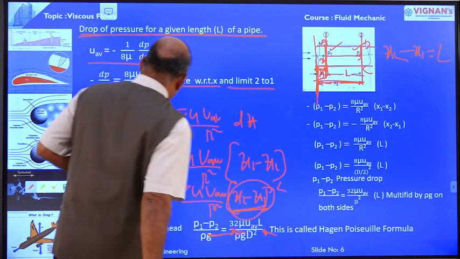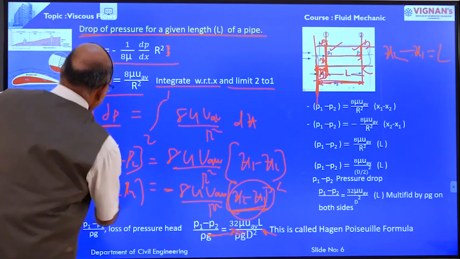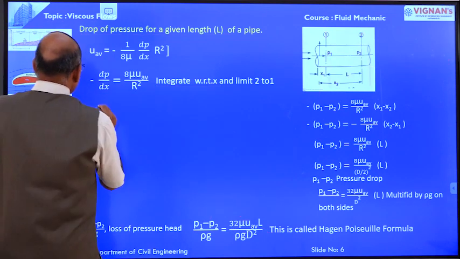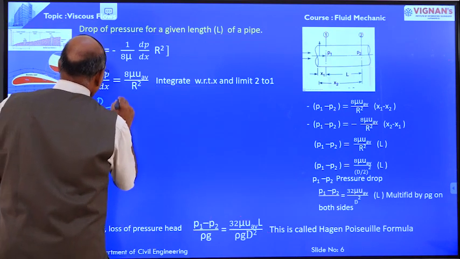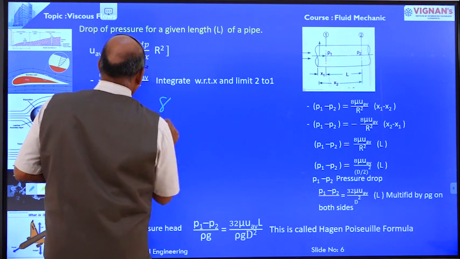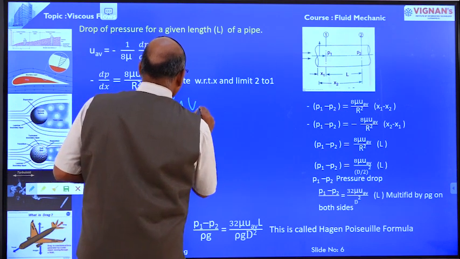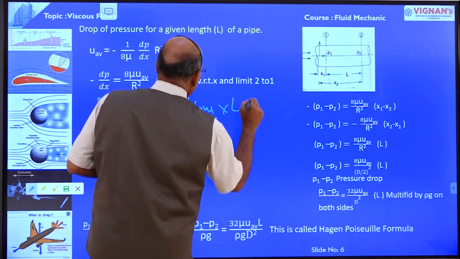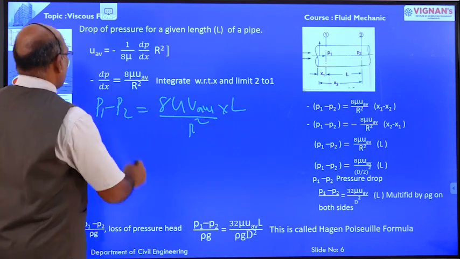Therefore the minus gets cancelled, and P1 minus P2 is equal to 8 mu u average velocity divided by r square into L. This is the equation we developed.